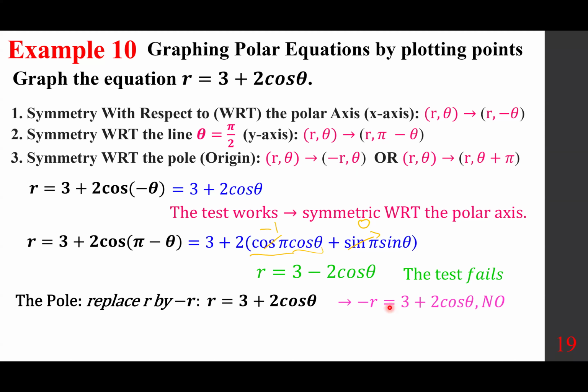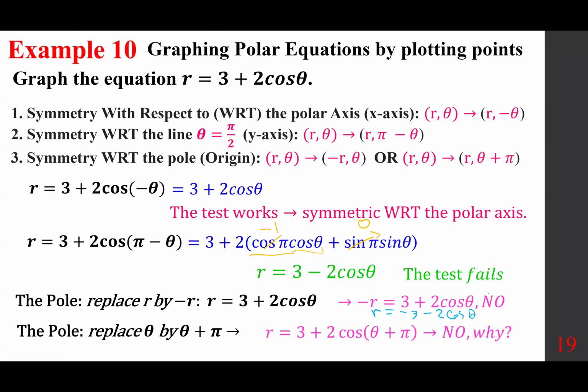You can multiply both sides by negative. This becomes r, this becomes minus. If I multiply both sides by negative, I get r here, but I get minus 3 minus 2 cosine theta. That's why it fails. It doesn't work. Let's replace it with theta plus pi, and that doesn't work either.